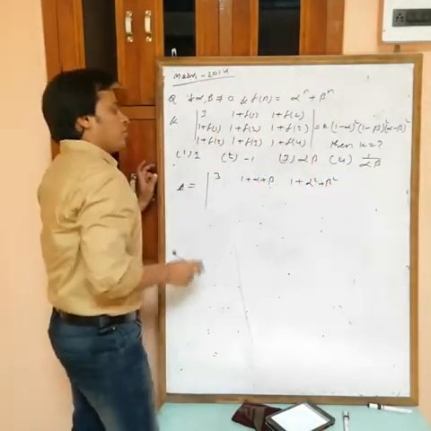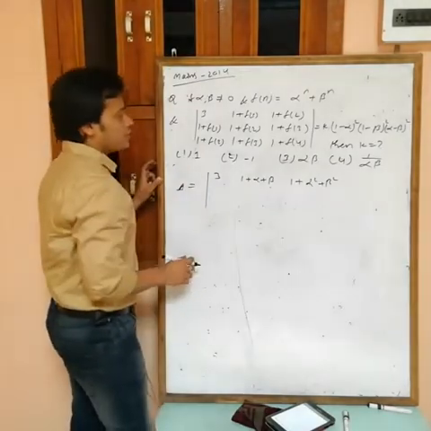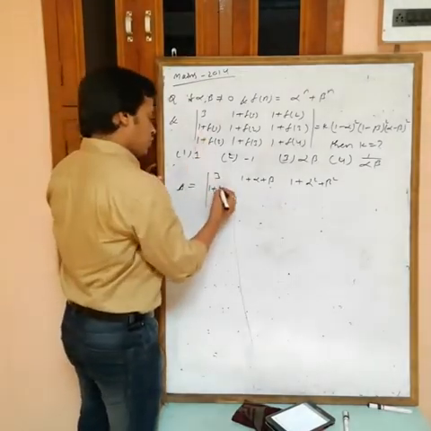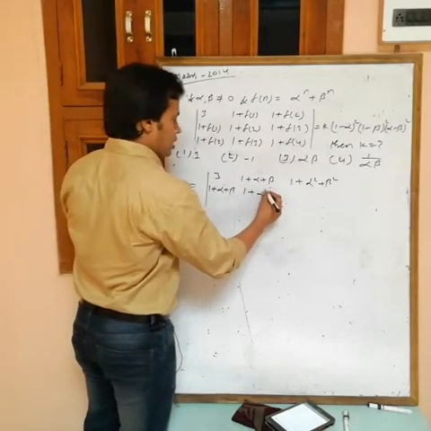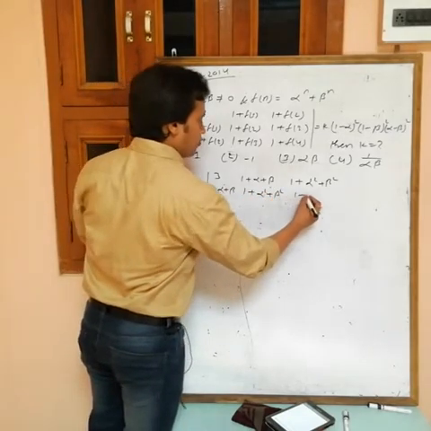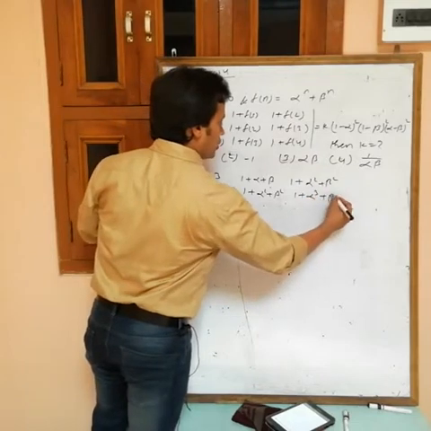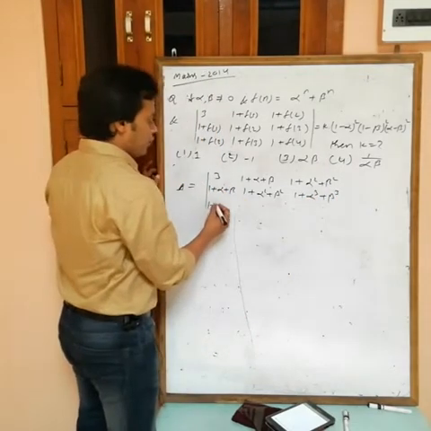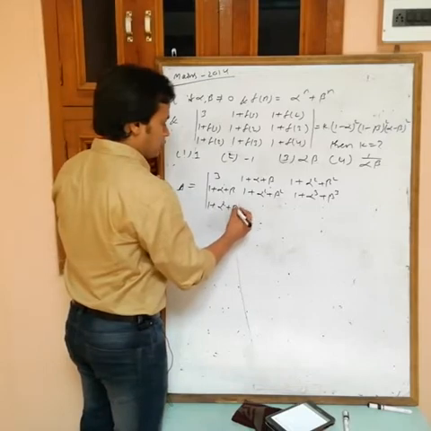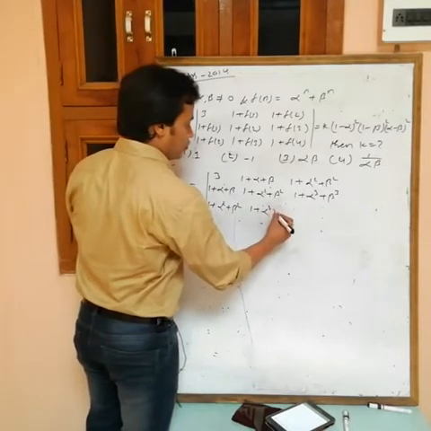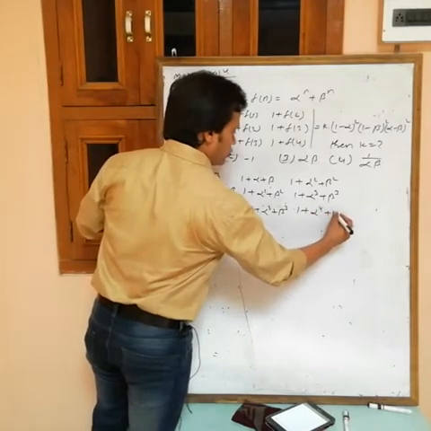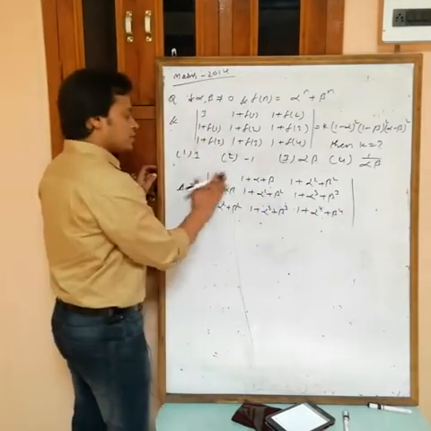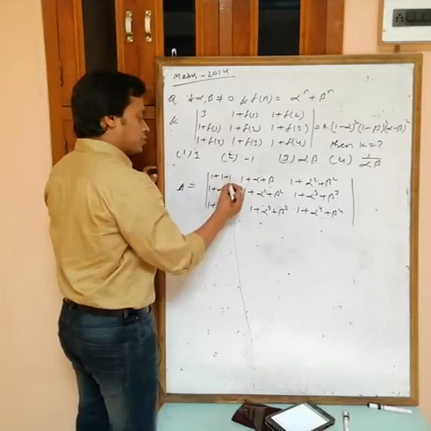Then the next row: 1 plus f1 is 1 plus alpha plus beta, 1 plus f2 is 1 plus alpha square plus beta square, 1 plus alpha cube plus beta cube. Then 1 plus alpha square plus beta square, 1 plus alpha cube plus beta cube, and 1 plus alpha power 4 plus beta power 4. Can I write this 3 as 1 plus 1 plus 1?